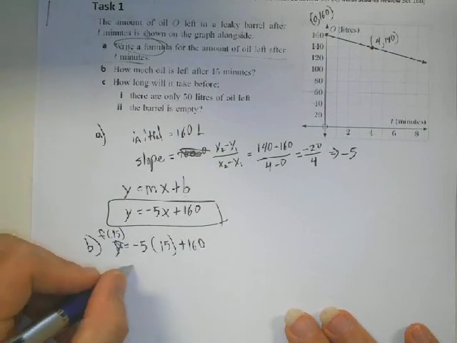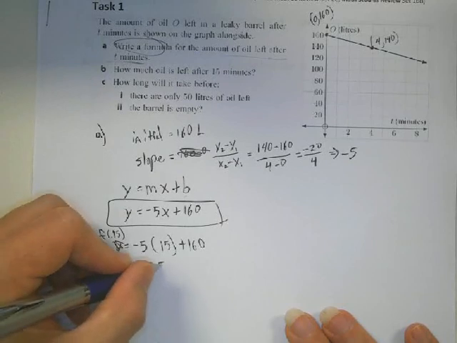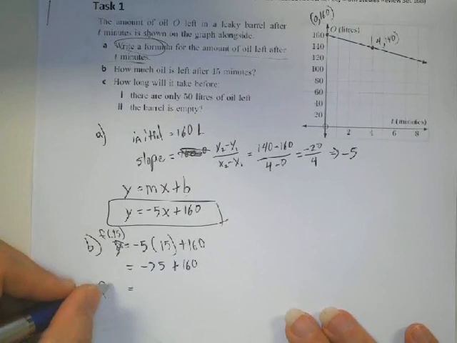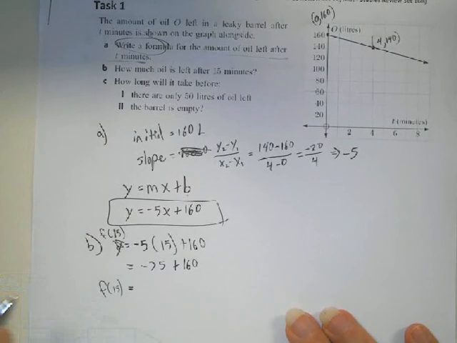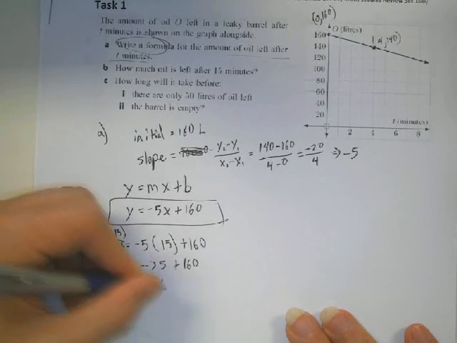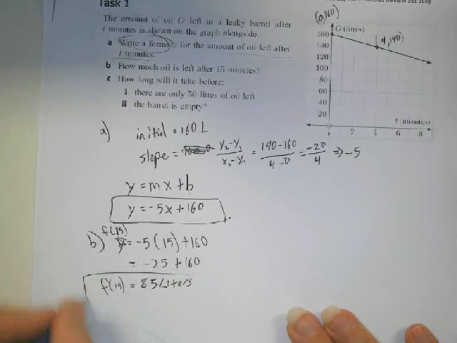And so we get negative 5 times 15 is negative 75 plus 160. So we know that after 15 minutes, we've got 85 liters of oil left in my tank, in my barrel.